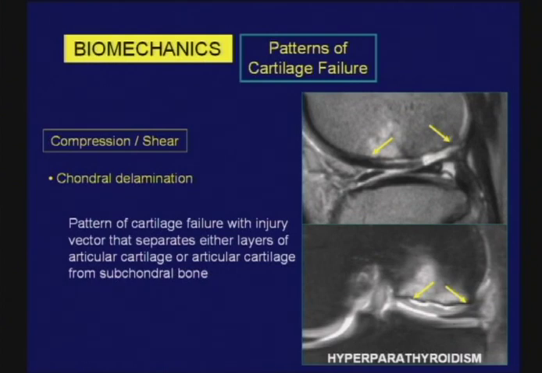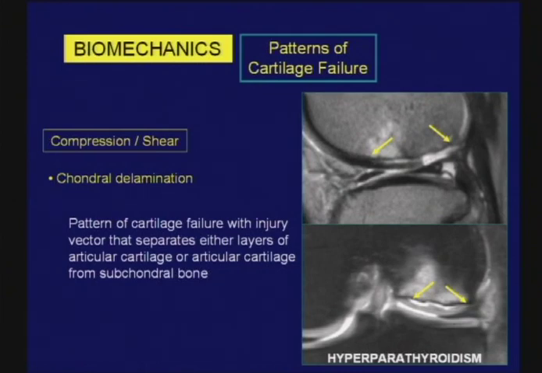Think of the widening of the sacroiliac joints, or the widening of the symphysis pubis, or of the acromioclavicular joint that you see in patients with primary or secondary hyperparathyroidism. That's not subperiosteal, that's subchondral.